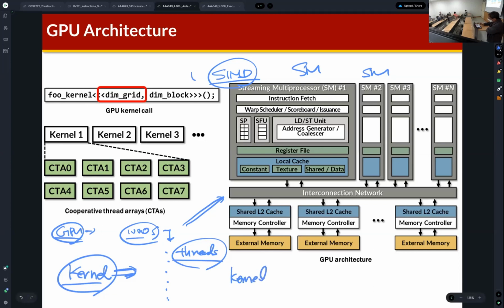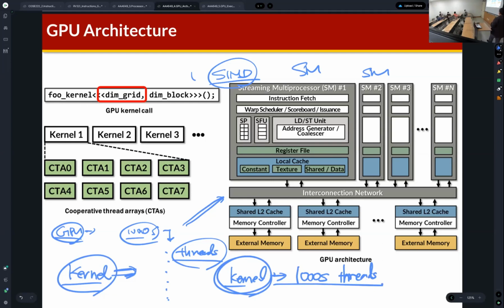When the kernel is launched on the GPU, this kernel generates thousands of threads.